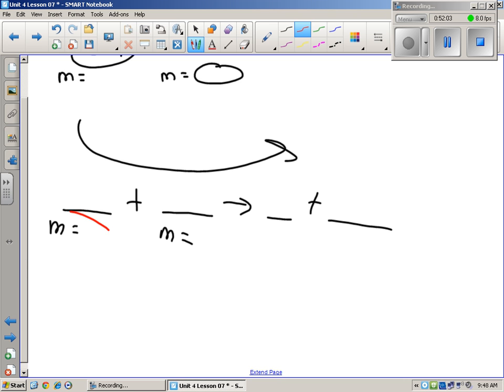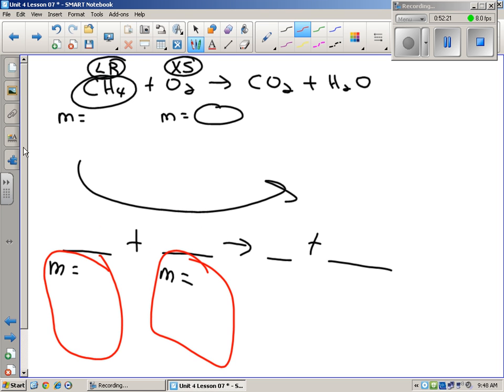If they tell you information about this and they tell you information about this, my question to you is which one runs out first? Then you have to do the comparison like we did in today's lesson. If they only tell you information about this here, then this doesn't matter because it's excess. They're telling you that that's excess. Okay? Do you understand?